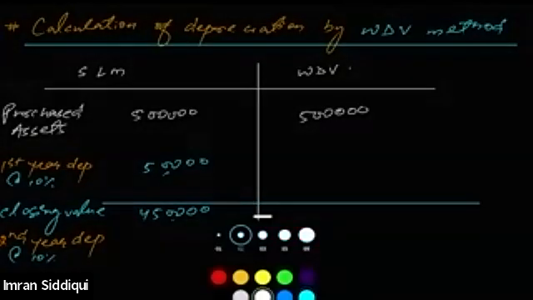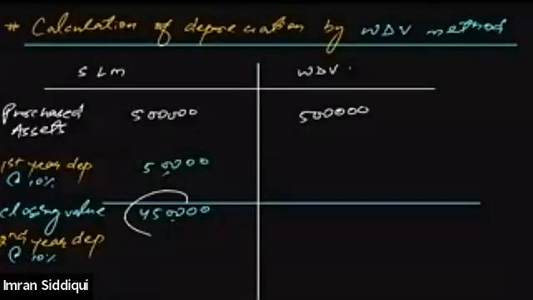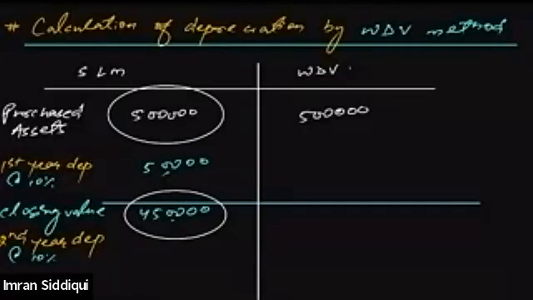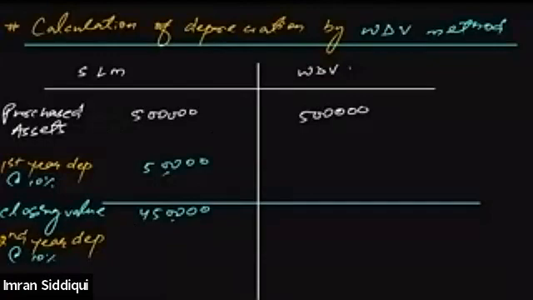Whether you will calculate depreciation on 5 lakh or on 4,50,000, tell me. If we are following the straight line method, then on which value do we calculate depreciation? We will calculate depreciation at the opening value, at the value at which the asset was originally purchased.